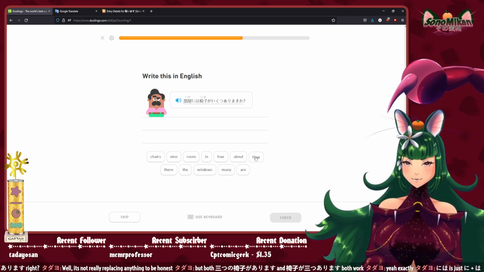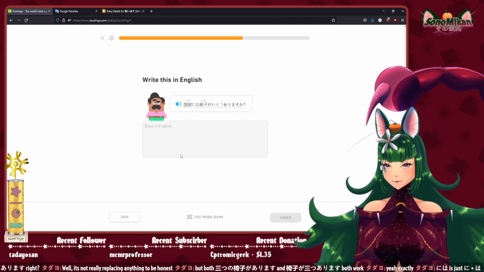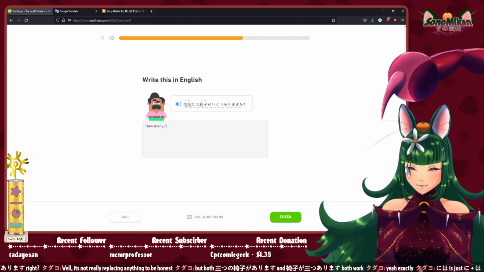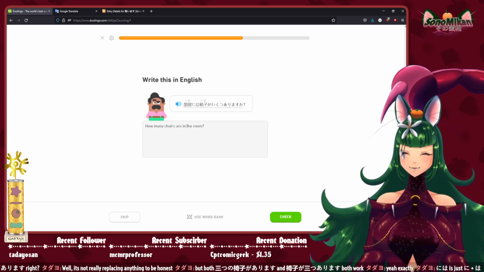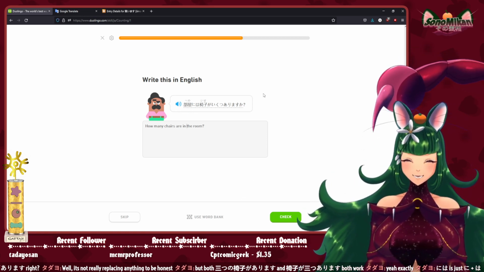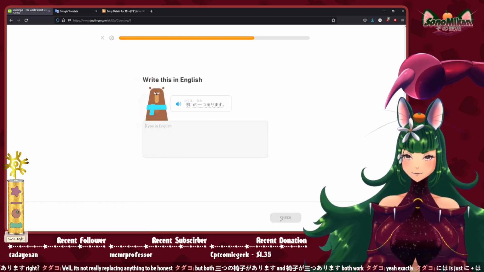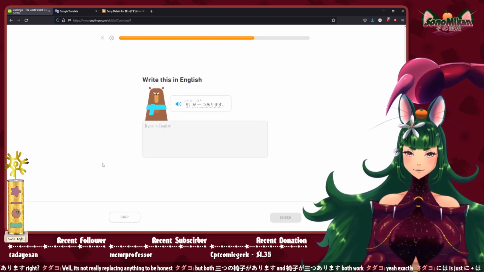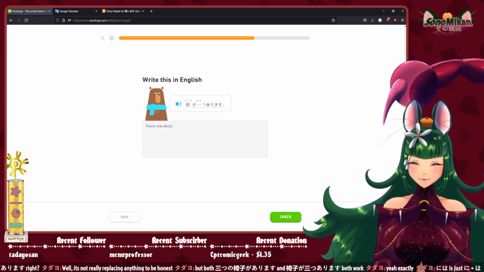Okay, so let me just type it. Sometimes it is easier to just type the sentence than go through there hunting for words. Tsukue ga hitotsu... Okay, so there is one desk.